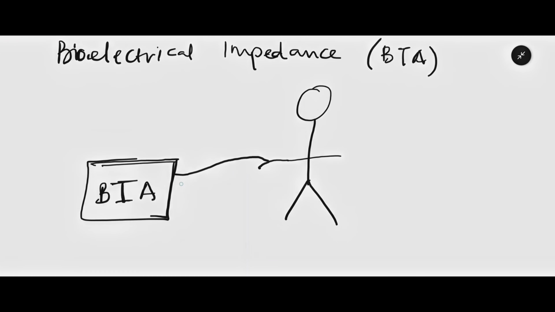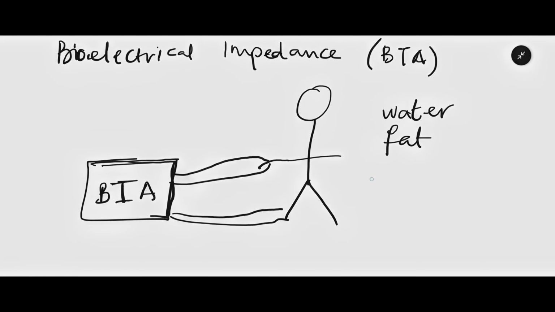The device gets connected to their arm here, to the legs here, to the ankle. And then this electrical device sends electrical impulses, and those impulses are used to calculate the body composition of the body. So it gives you the water content in the body, the fat content, protein content, and even mineral content. So it's a very specialist way of measuring body composition.